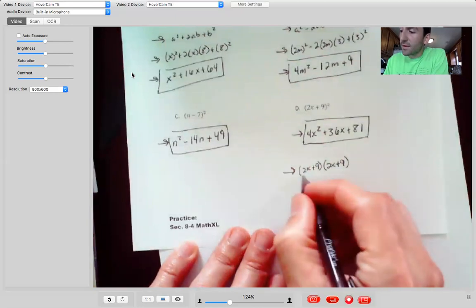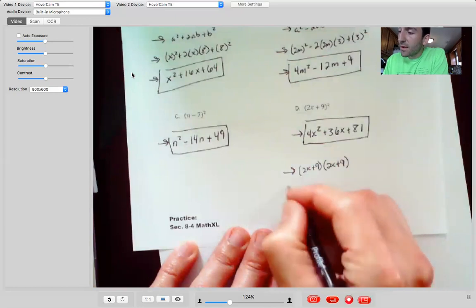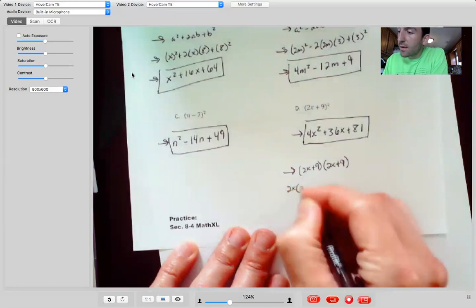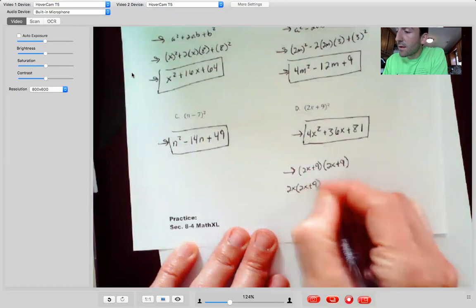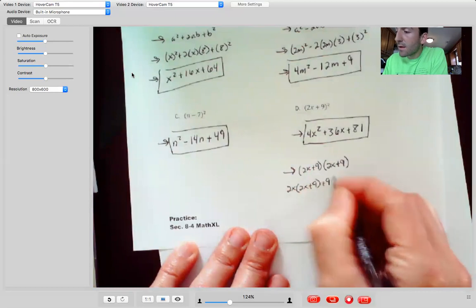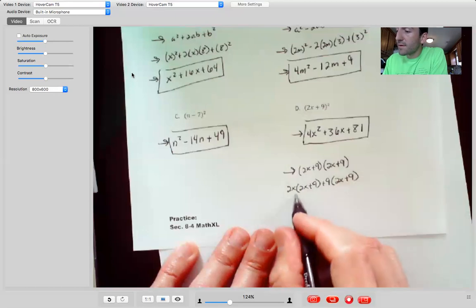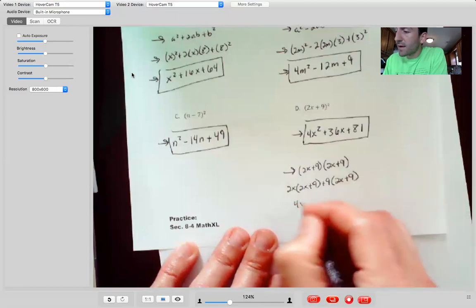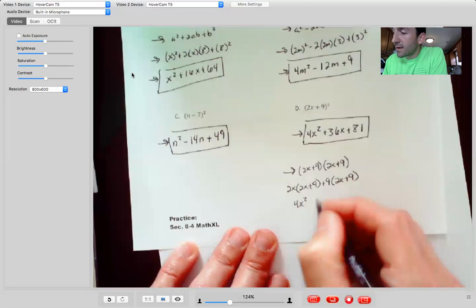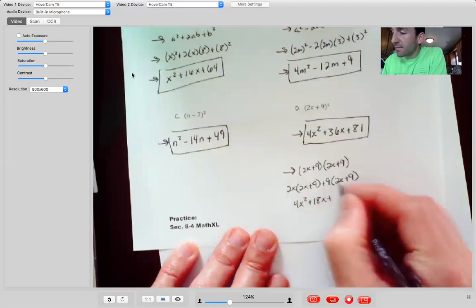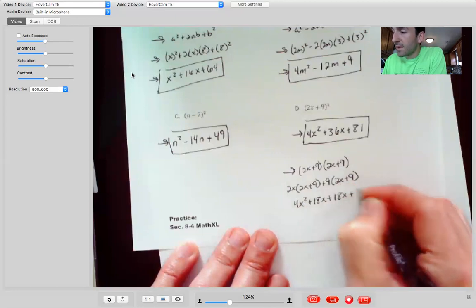So if we distribute, let's see what happens. So first term is going to be 4x squared. That looks familiar. Next term is going to be plus 18x. Next term is going to be plus 18x. And then the last term is going to be 81.